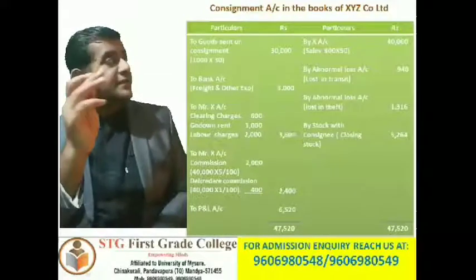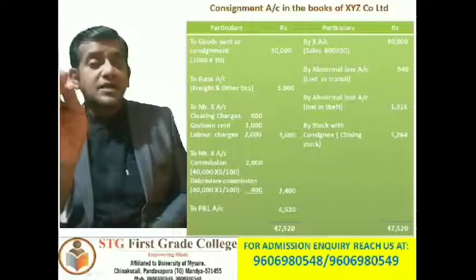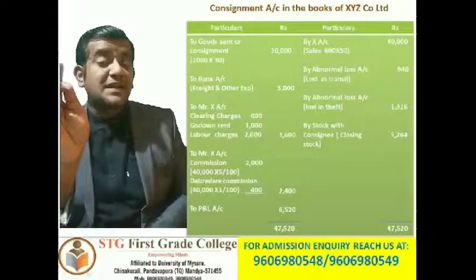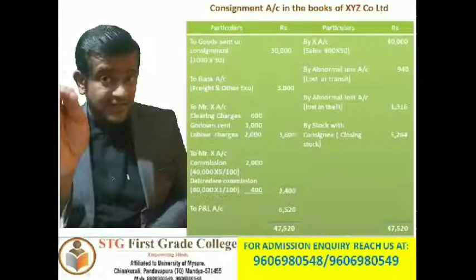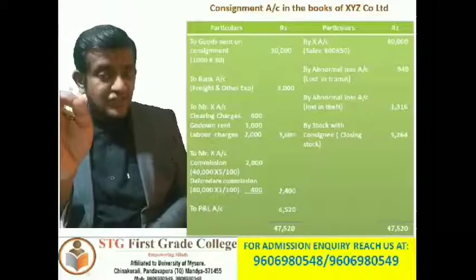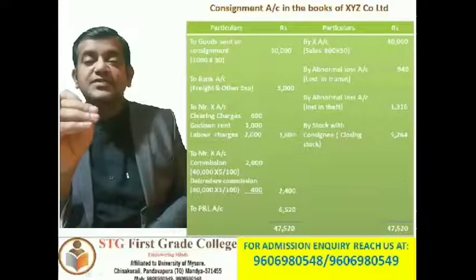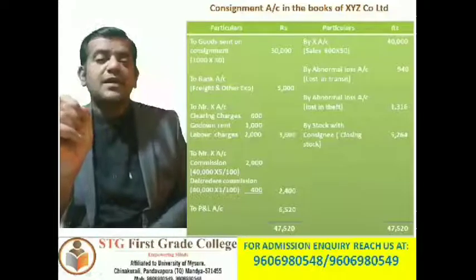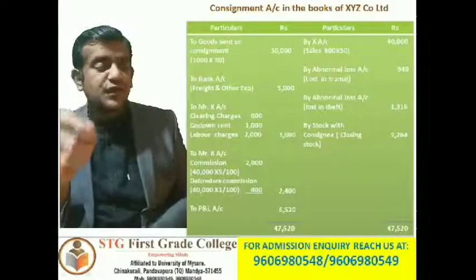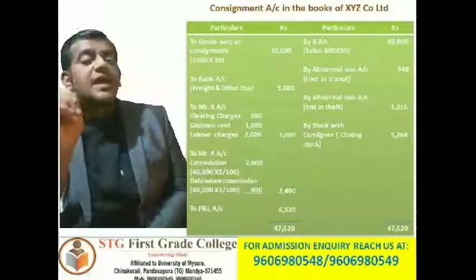Next, To bank account. Here we always enter the expenditure incurred by the consignor, correct? The expenditure incurred by the consignor in the given problem is freight and other expenses, that is rupees 5,000. So enter it in the debit side.